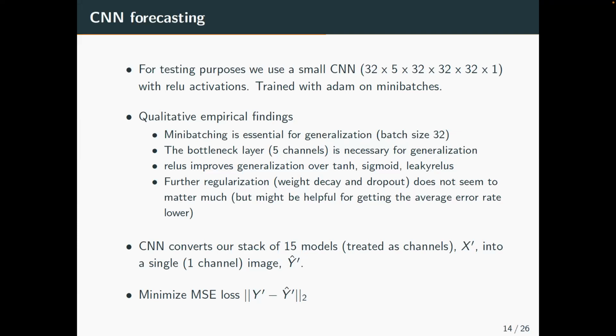In this case, we just went with 5, basically because 1, 2, 3, 4 didn't work, so we went up to 5, and then that seemed to work. If you go beyond that, it starts trying to overfit a little bit. This is somewhat mitigated because now I have a residual version.